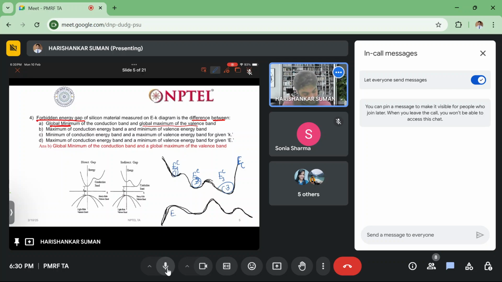This is one valence band maxima. This is also maxima. This is also maxima. But we have to find the global topmost maxima and the lowest minimum.